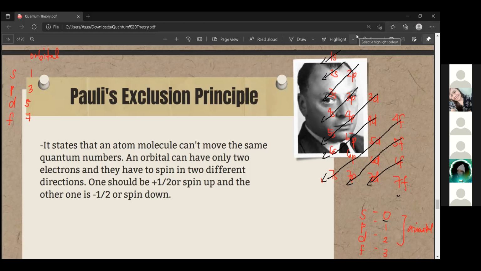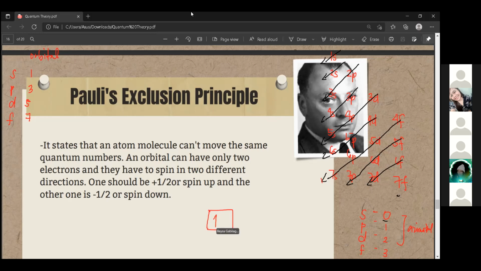And at the same time, it was also Pauli who stated that an orbital can hold 2 electrons. That is why when we draw boxes, class, each box holds only 2 electrons. That's an orbital. And these 2 electrons spin in 2 different directions.